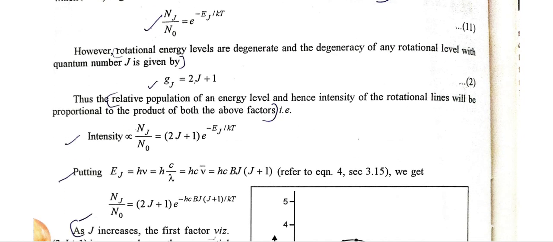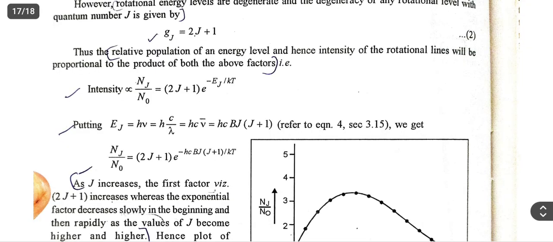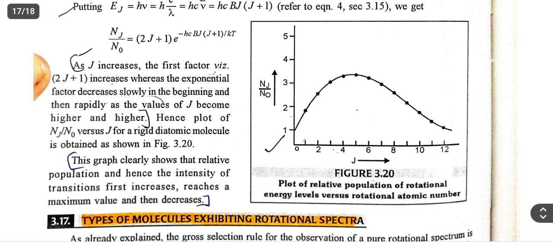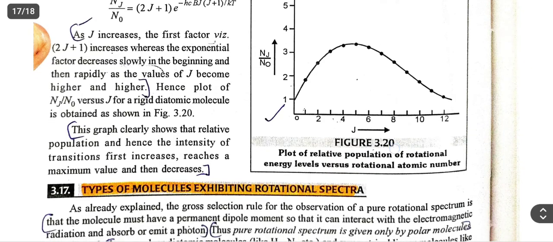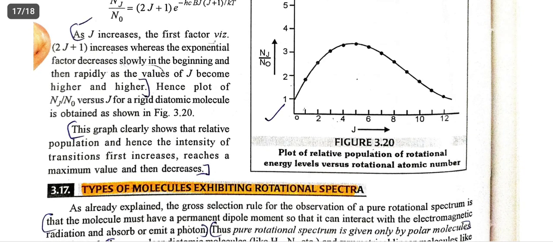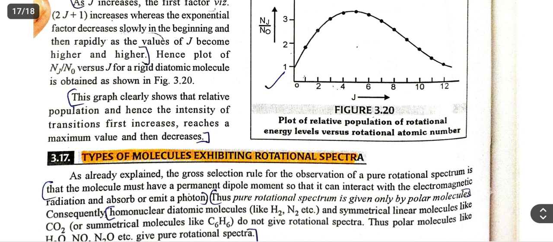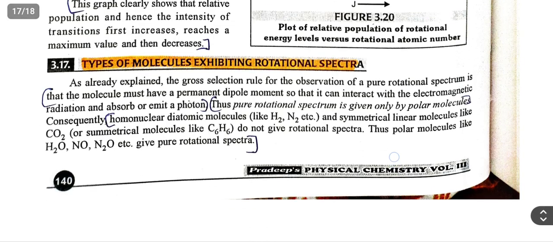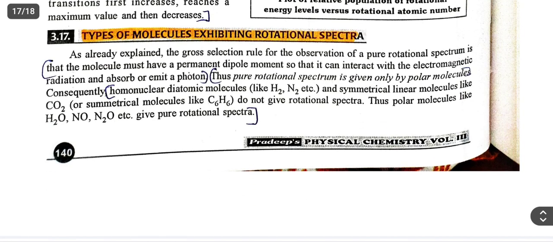Intensity is directly proportional to N_J/N_0 = (2J+1)e^(−E_J/kT). As J increases, the first factor, 2J+1, increases, whereas the exponential factor decreases slowly in the beginning, then rapidly as the value of J becomes higher and higher. The graph clearly shows the relative population and the intensity of transition first increase, reach a maximum value, and then decrease.